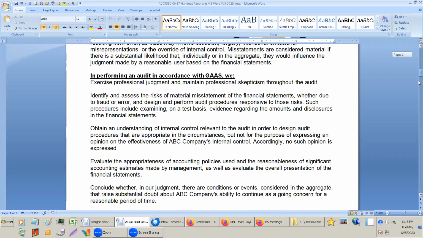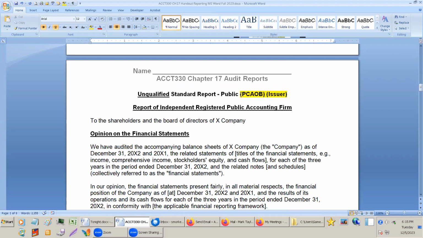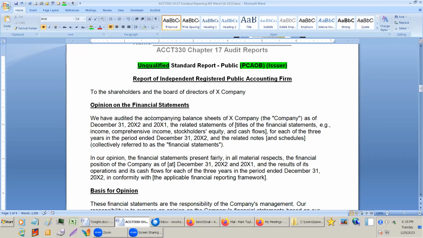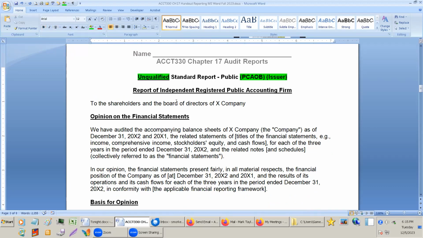For the issuer, actually I should probably make this green. Let's make this green. It's called an unqualified report, which I know sounds a little bit odd sometimes, but unqualified means there are no qualifications on it.